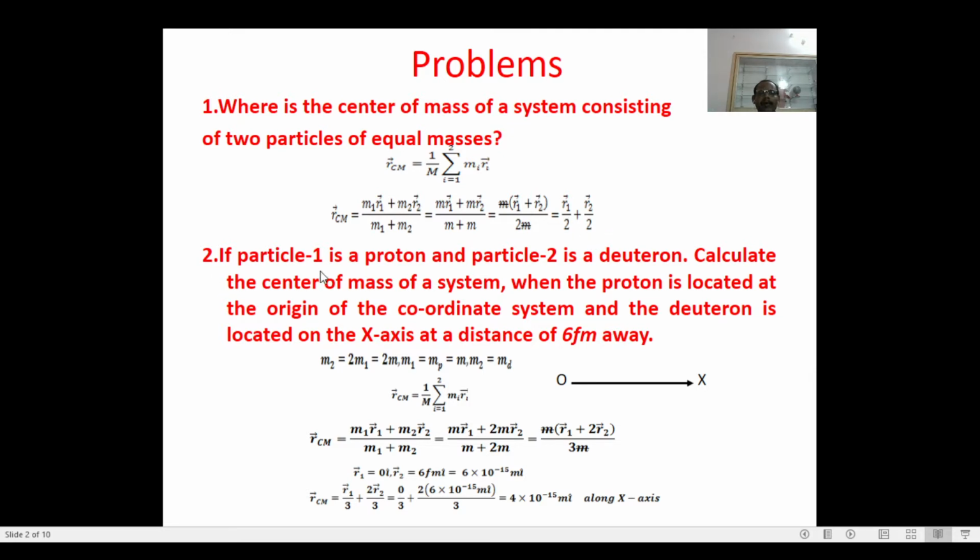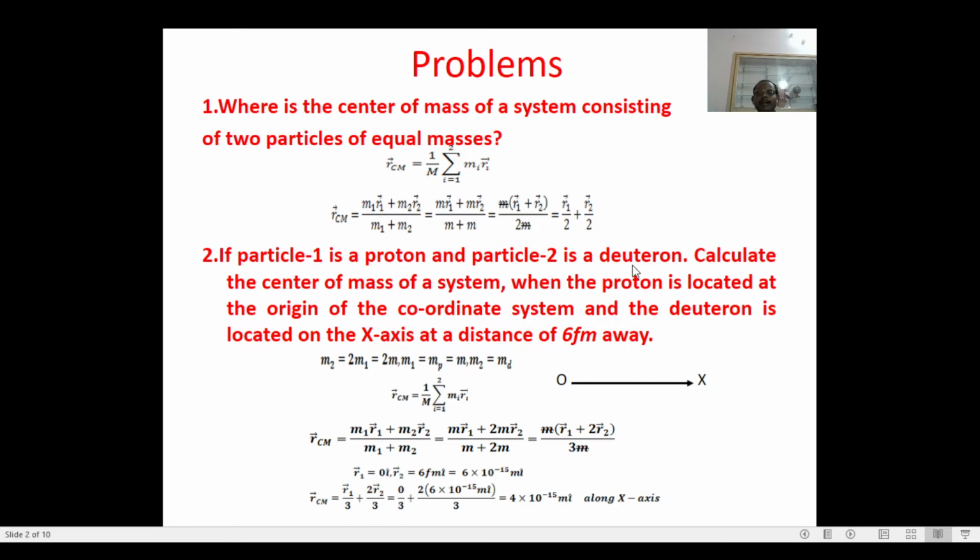Number 2. If particle 1 is a proton and particle 2 is a deuteron, calculate the center of mass of a system when the proton is located at the origin of the coordinate system and the deuteron is located on the x-axis at a distance of 6 Fermi away. Now, the proton is at the origin, displacement is along the x-axis.